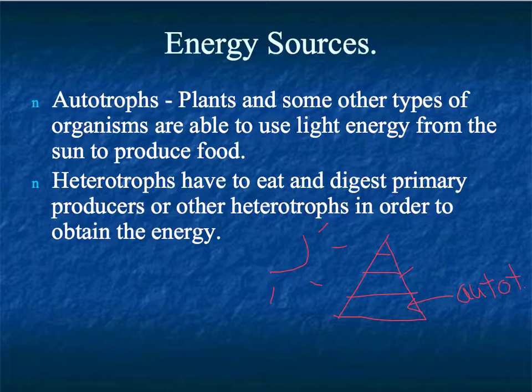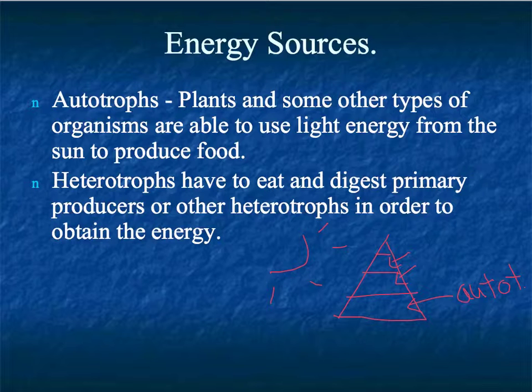And then as you move up the chain, you get into heterotrophs. And again, we had different names for all of these different levels, but just reminding you that heterotrophs are the ones that are going to have to eat and digest the primary producers or other heterotrophs in order to obtain their energy. So the heterotrophs cannot create their own.